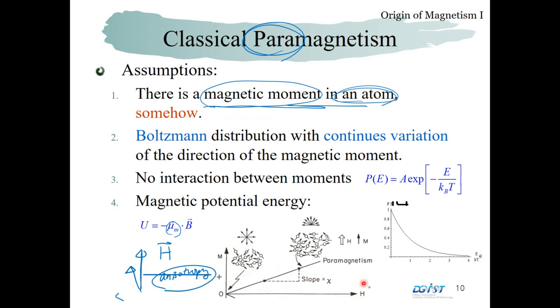But when you apply the external field, we have an average magnetic moment pointing in some special direction, and this average value is proportional to the external field. This proportional constant is what we call the susceptibility, the response function of the system.